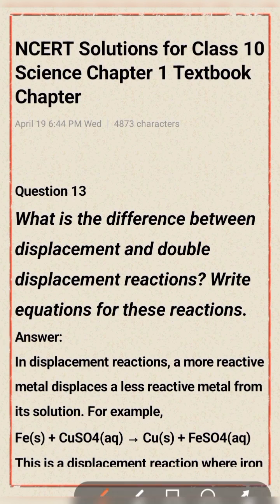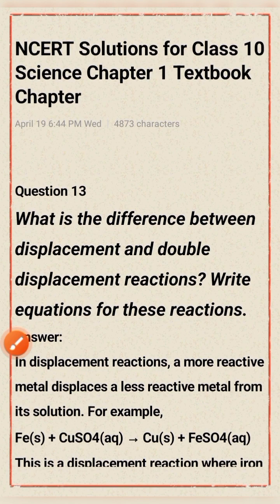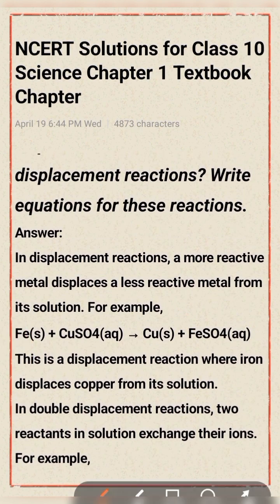Next question, question number 13. What is the difference between displacement and double displacement reactions? Write the equation for each reaction. Now, in a displacement reaction, a more reactive metal displaces a less reactive metal from its solution.